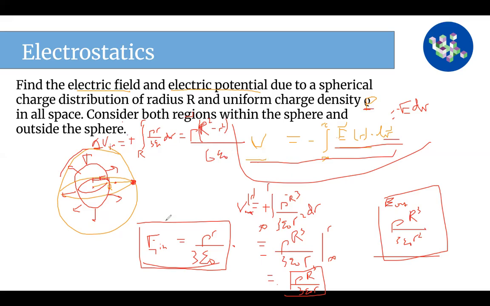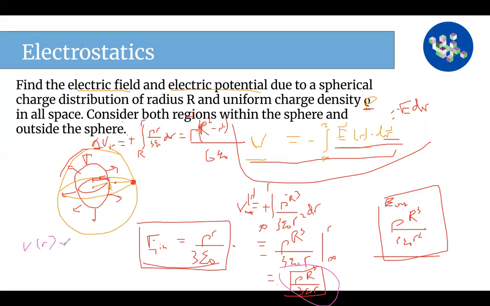So what does this mean? Sorry, I'm sort of jumping around over here. What does this mean if I want to find the voltage somewhere in space, V as a function of r? If I'm outside of the sphere, then I can just say it's going to be equal to what we got over here, rho times big R cubed divided by 3 epsilon 0 r, right?